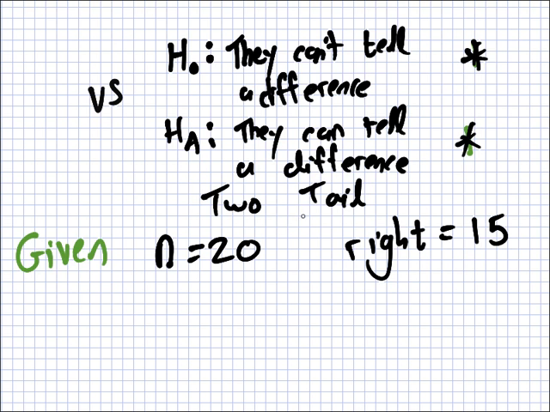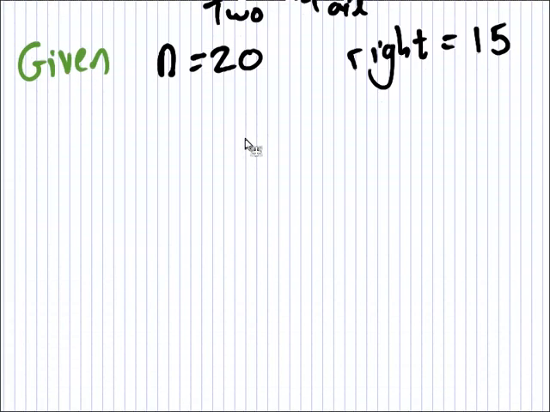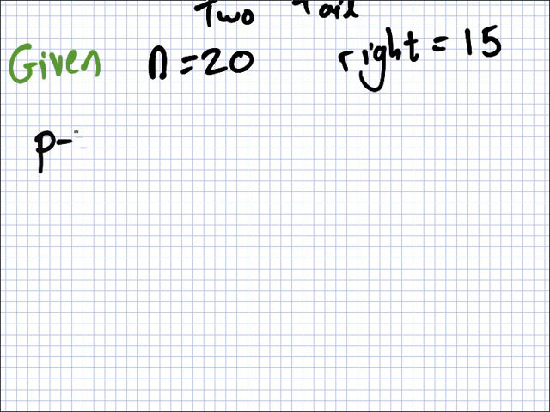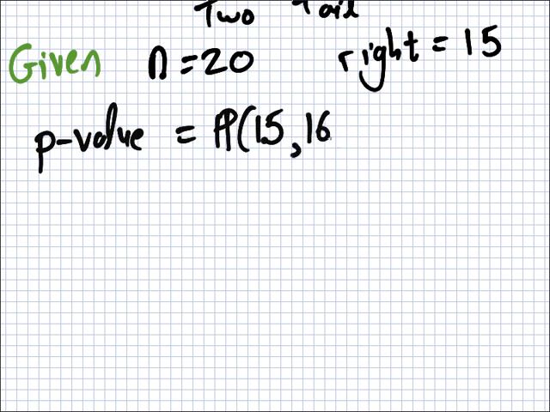Okay, so now let's have a look at the calculation. We calculate what's called the p-value. The p-value here is the probability of getting the data, in this case 15 right out of 20, or more extreme. That would be getting 15 right or 16, 17, 18, 19, 20 right.